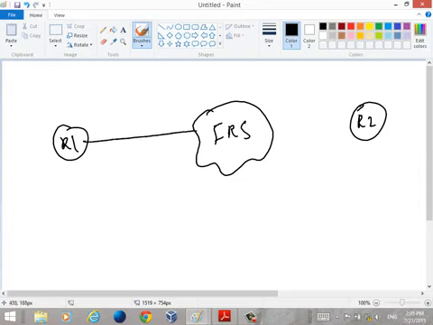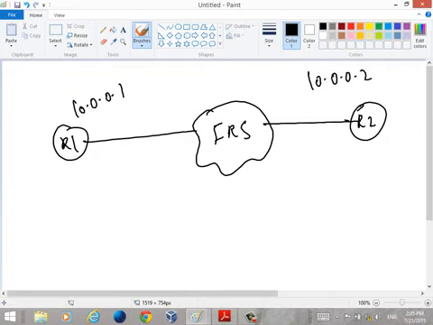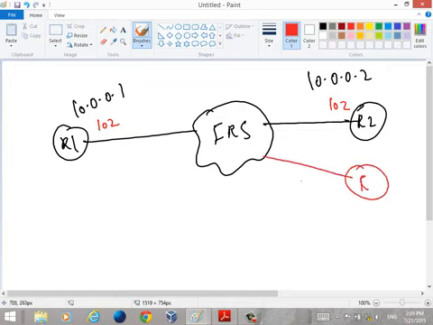Fine. R1 knows, let's say here we have IP 10.0.0.1, here we have IP 10.0.0.2. Now you are saying he is using 102 and he is also using 102. Let's say he is 10.0.0.3. According to you, he can also use 102.